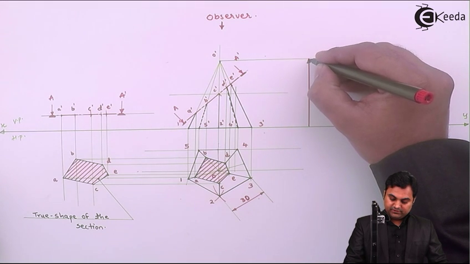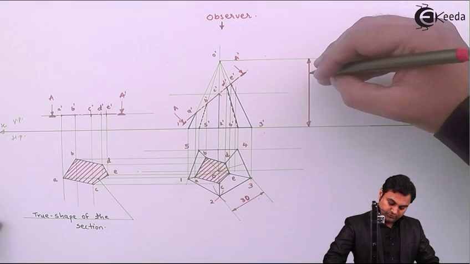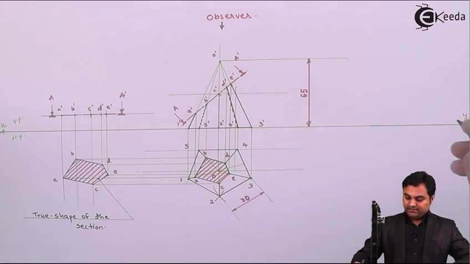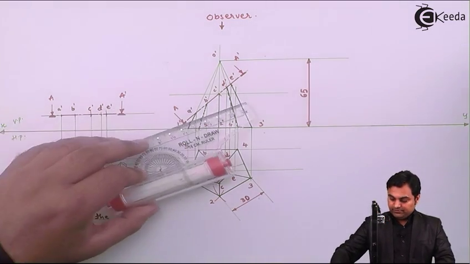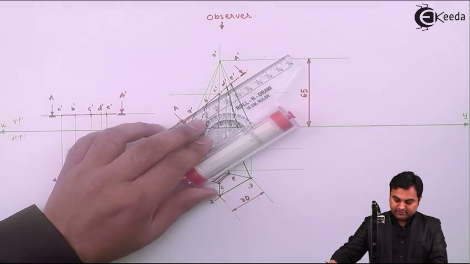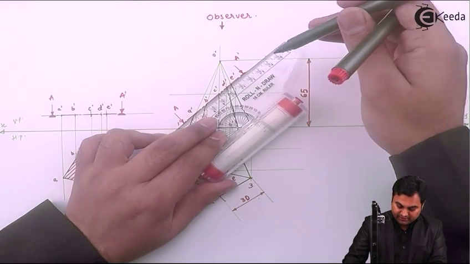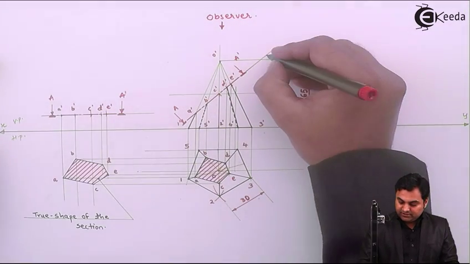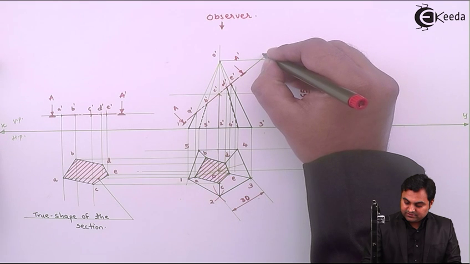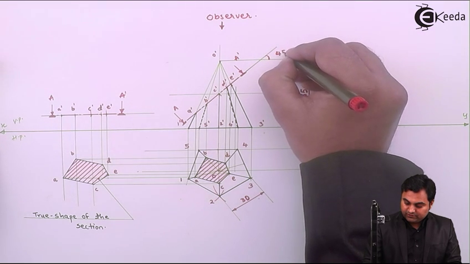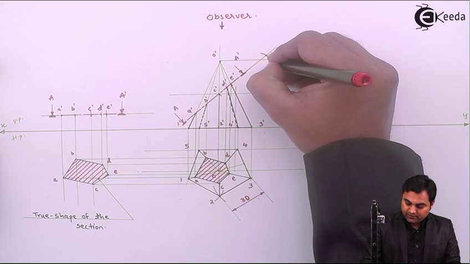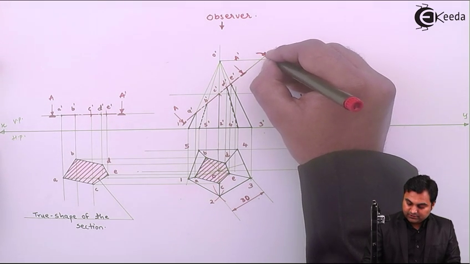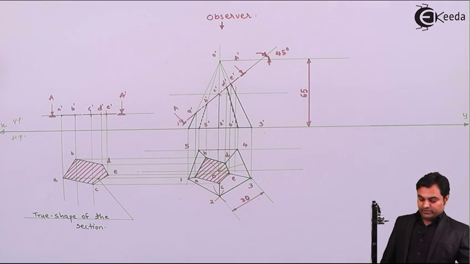Then after giving the dimensions to the axis, I'll give the dimensions to the cutting plane, and if we see here in this problem, the direction of the cutting plane, it is given that it was inclined at an angle of 45 degree to HP, and that was seen in VP. So here I'll say this is the inclination of the cutting plane with HP and it is seen in VP. So this is the inclination of the cutting plane, and with this we complete the problem.